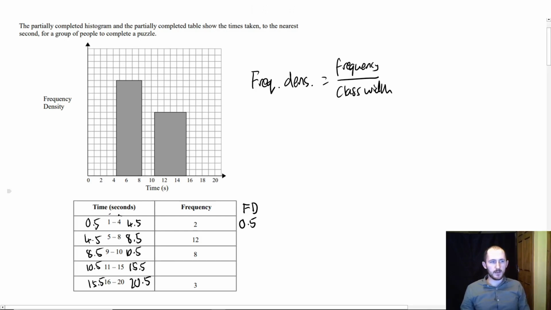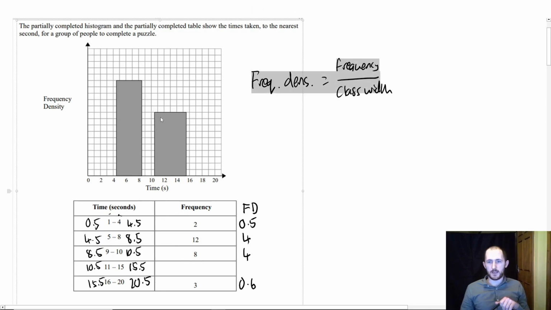The next one is 12 divided by 3, which is 4. Then 8 divided by 2, which is also 4. This one we don't know, we're going to have to read it from the graph. And the last one is 3 divided by 5, which is 0.6.